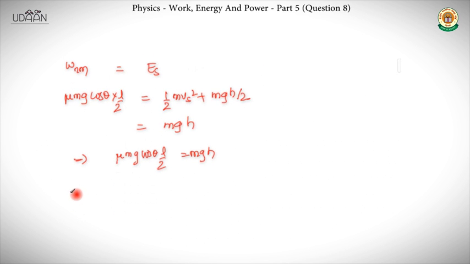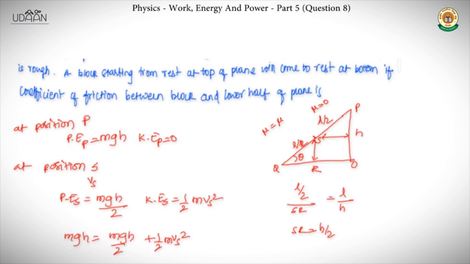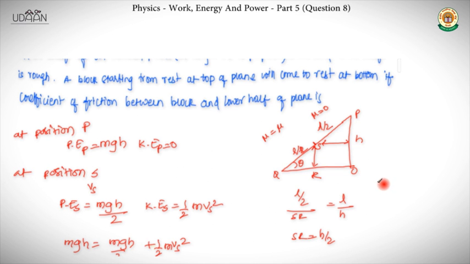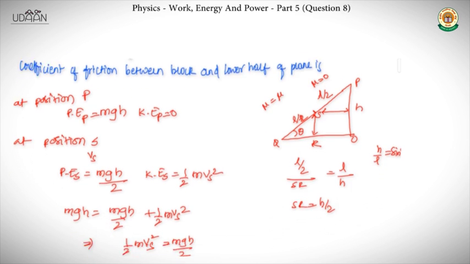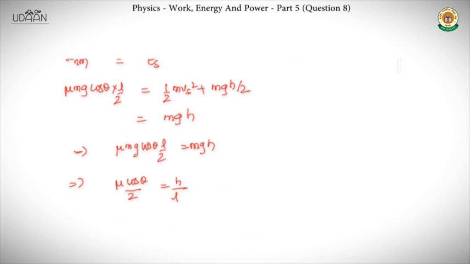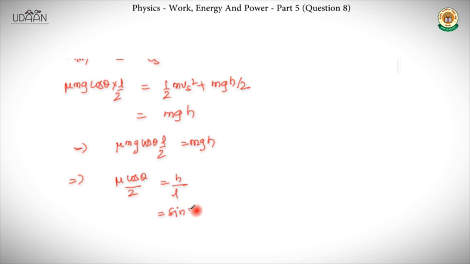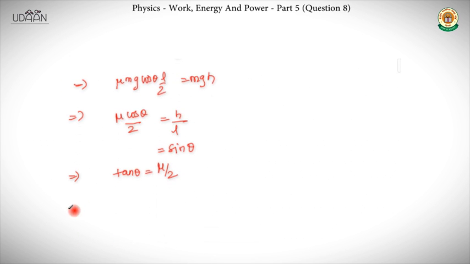This will be mu cos theta by 2 is equal to h by L. From the above inclined plane diagram, h by L is equal to sin theta, a general formula in trigonometry. So tan theta will be equal to mu by 2, and so mu will be equal to 2 tan theta.